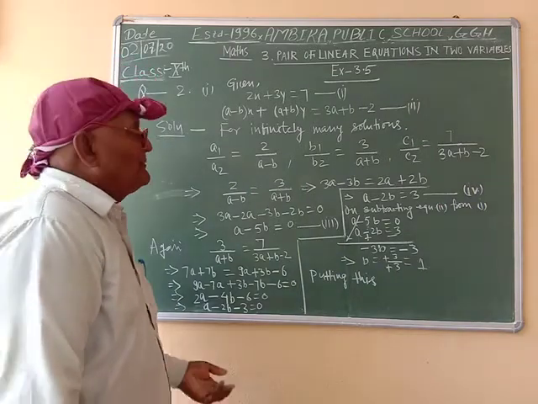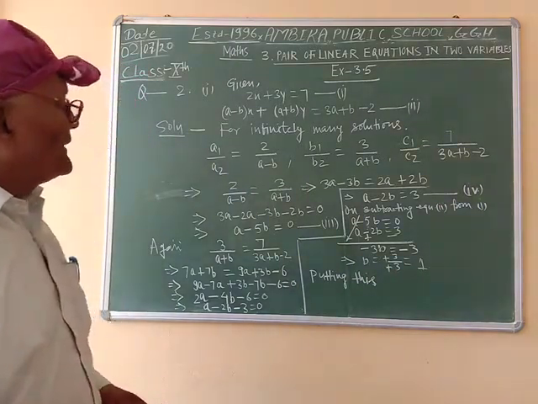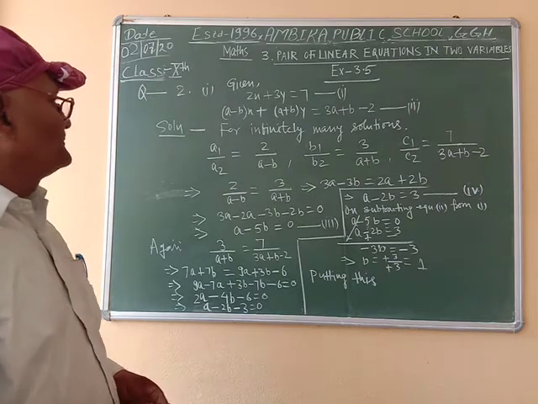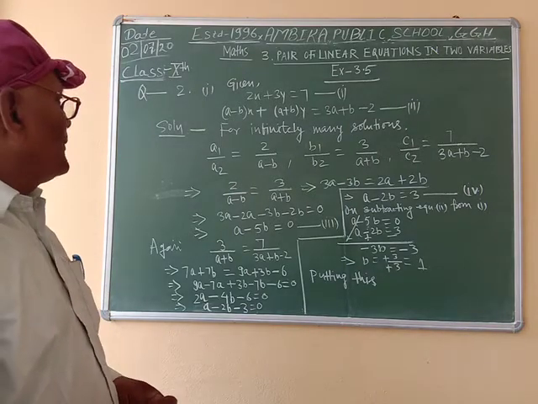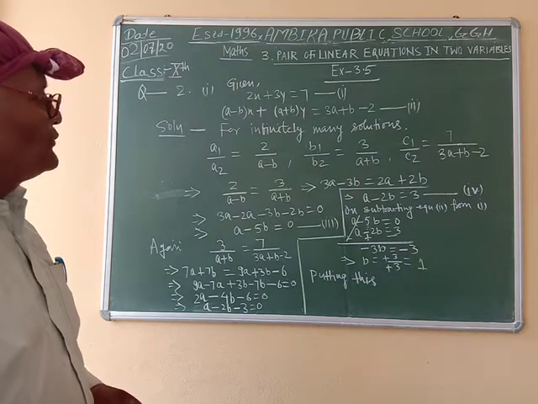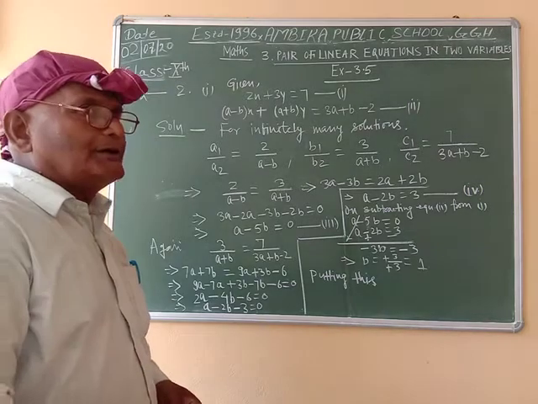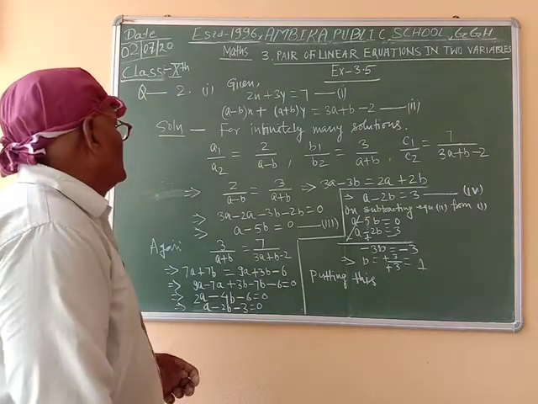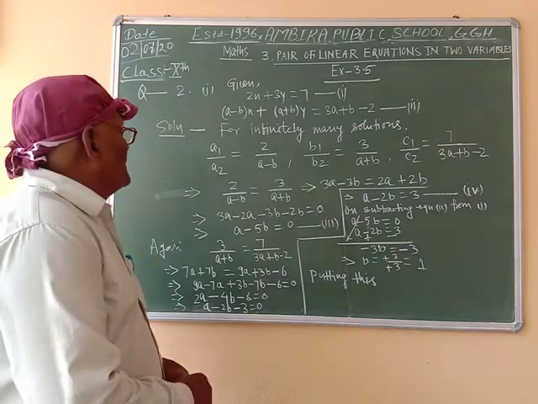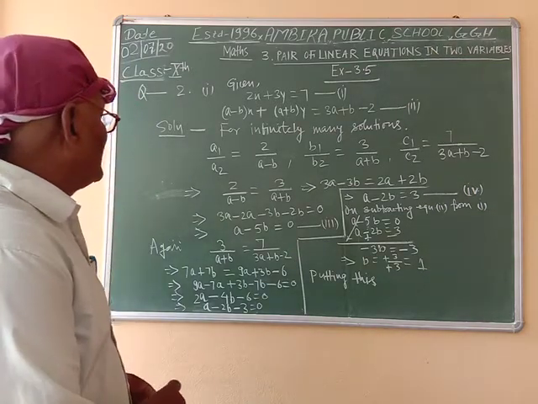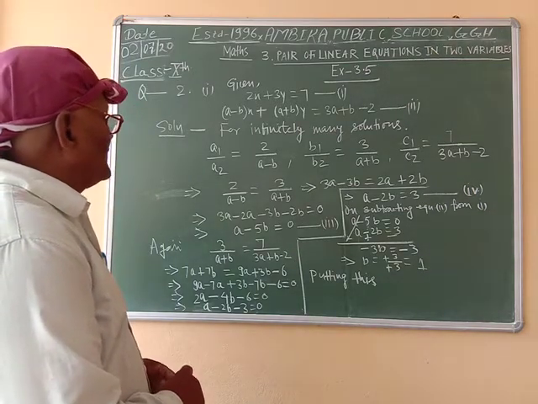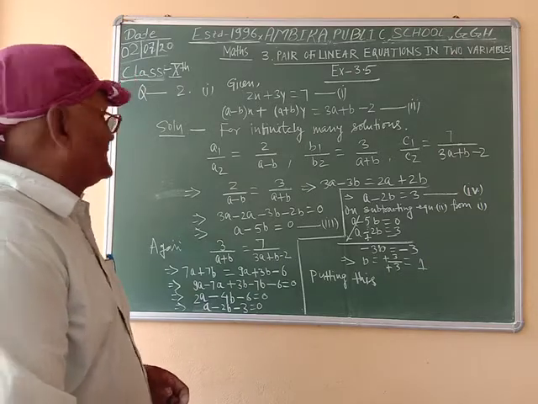We have learned in previous class, for infinitely many solutions, the ratios a1 by a2, b1 by b2 and c1 by c2 must be equal. So at first we find the ratios of a1 a2, b1 b2 and constant term.